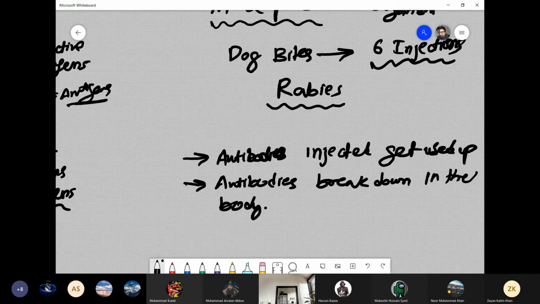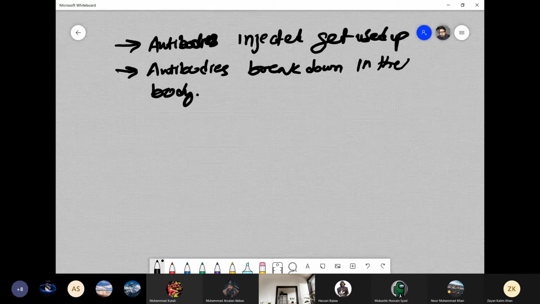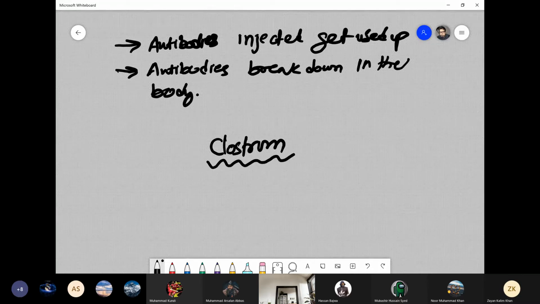Another example of passive immunity is colostrum. Now guys, let me explain to you what is colostrum. You know that we are human beings, we are mammals. All the mammals are called mammals because they have mammary glands, and the mothers feed milk to the young ones.